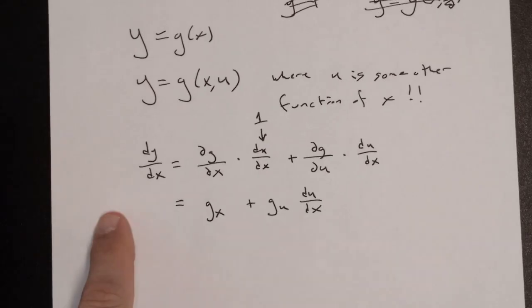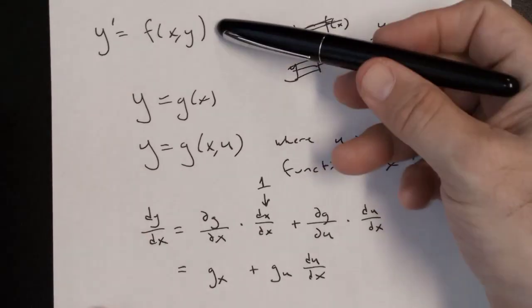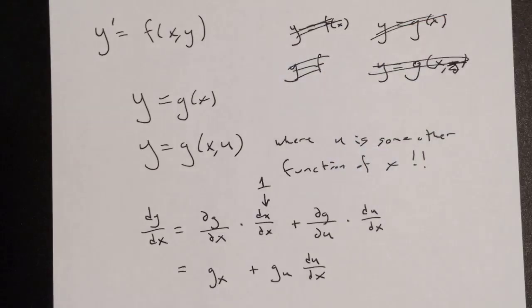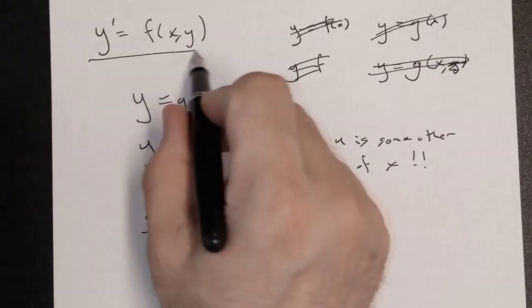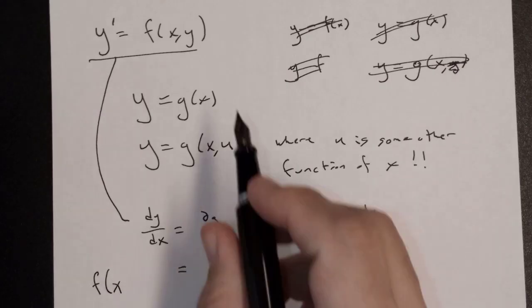And over here, I have this thing, dy dx. But my original differential equation was about dy dx, wasn't it? Way back up here. This is y prime. Let's put that on the left side. That would be f of x, y.